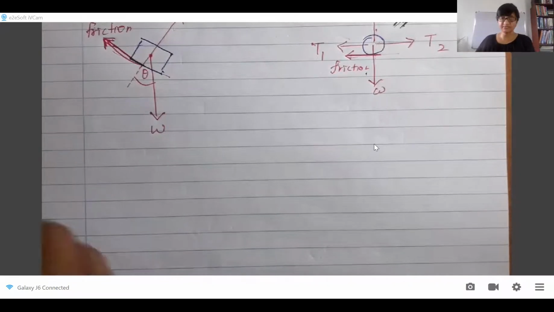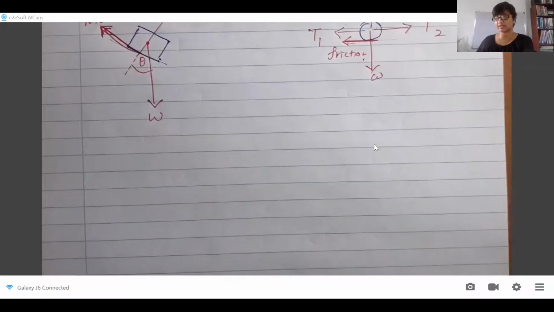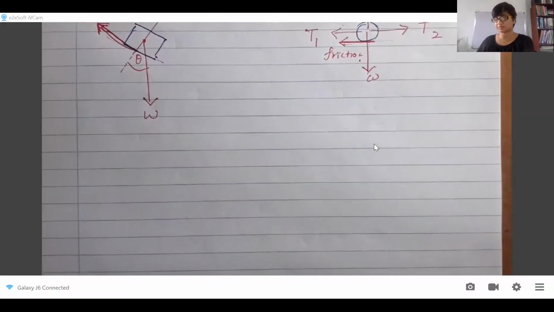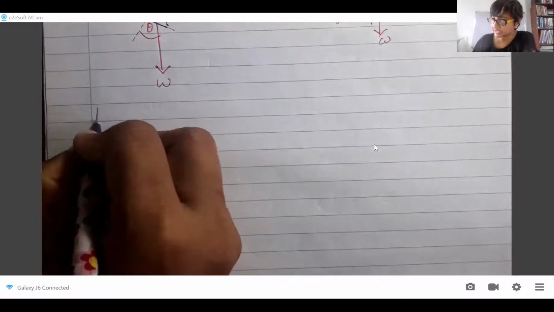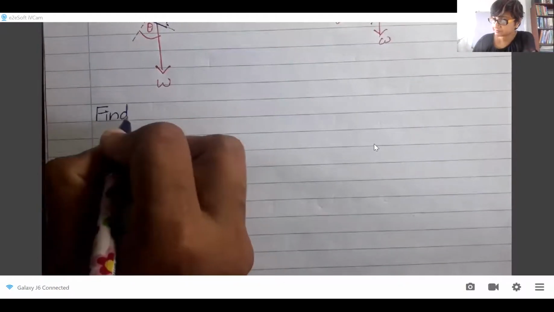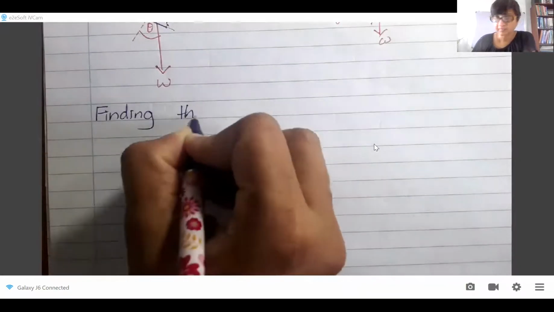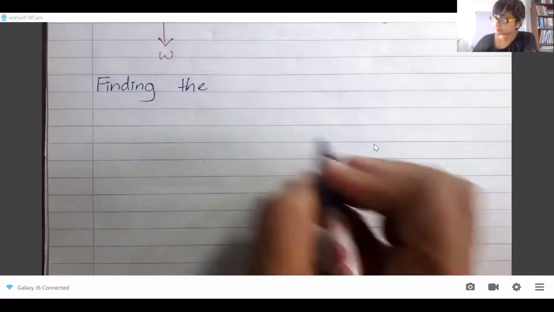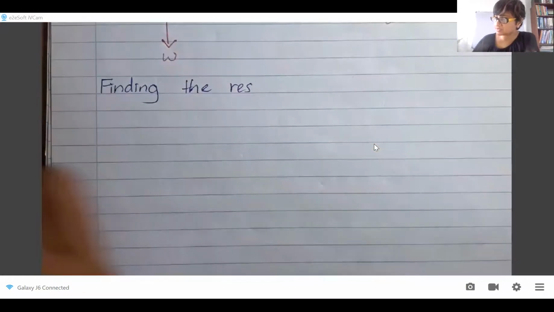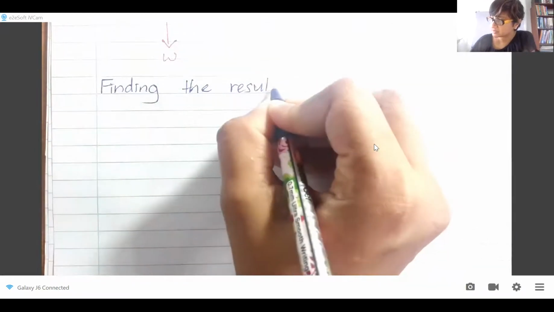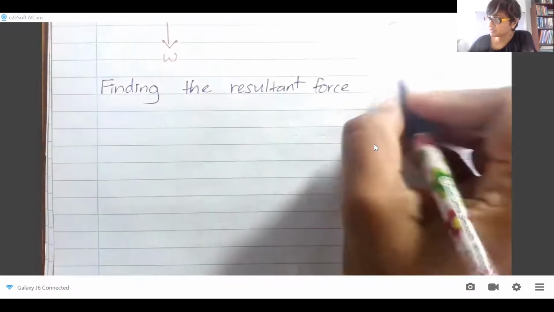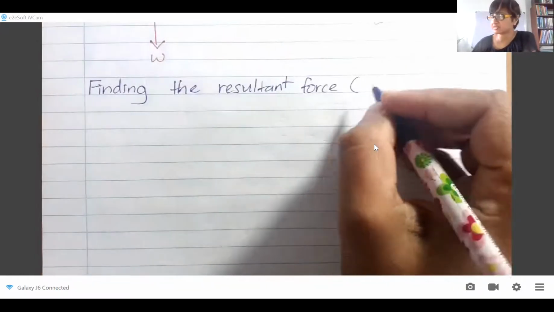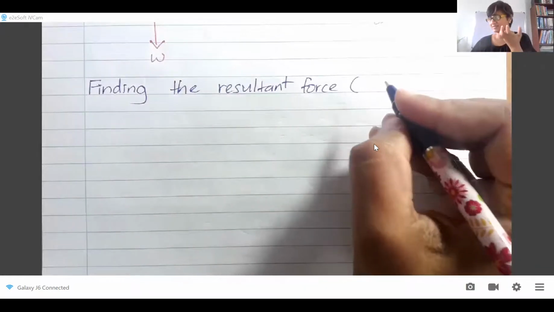So we have to know how to find the resultant force when there is more than one force acting on an object. So your next topic is finding the resultant force, a more familiar word might be net force.